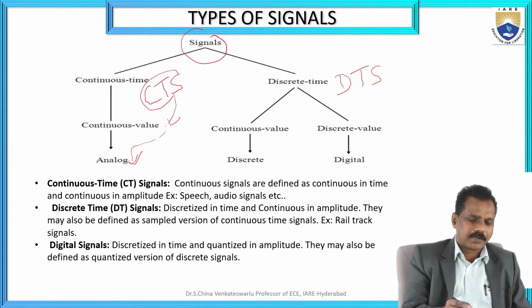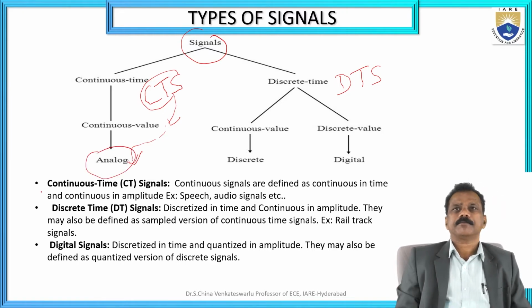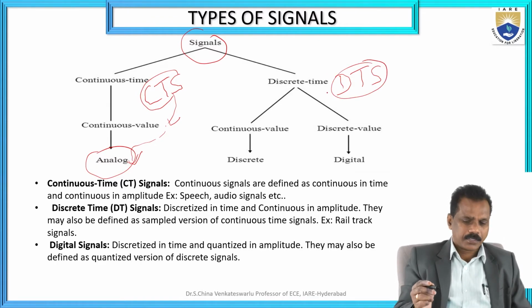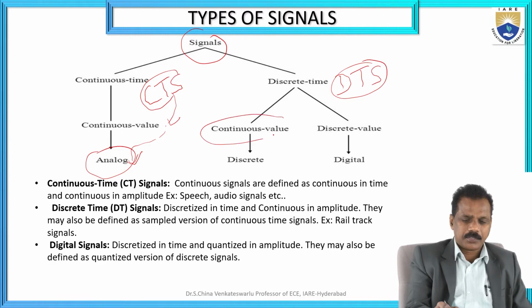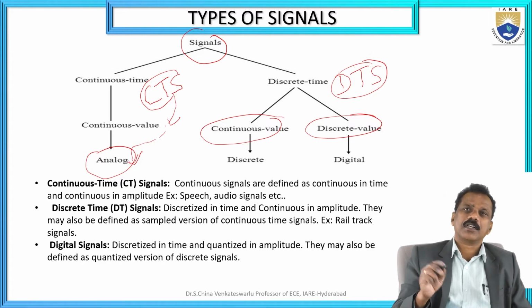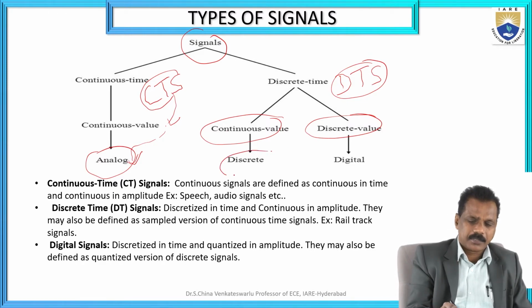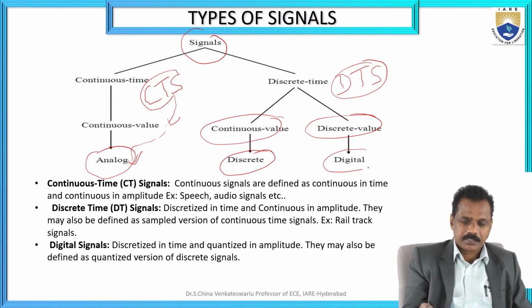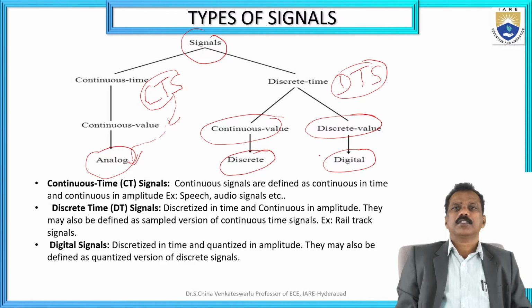Similarly, the DTS, the discrete time signal, may involve either continuous values or discrete values. If it is continuous value, we verify it as discrete. If it is discrete values, we verify it as a digital signal.